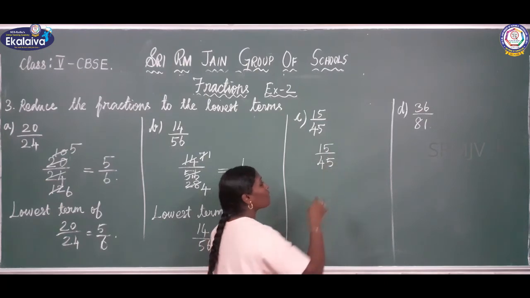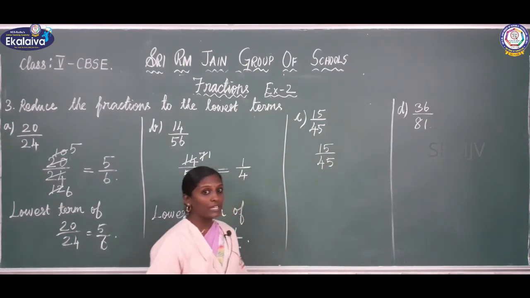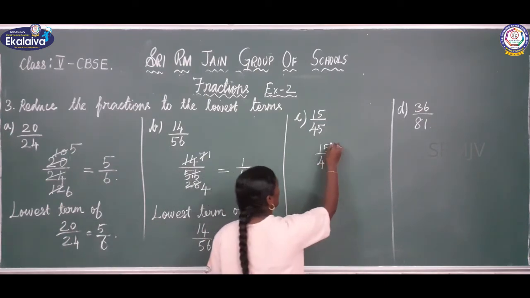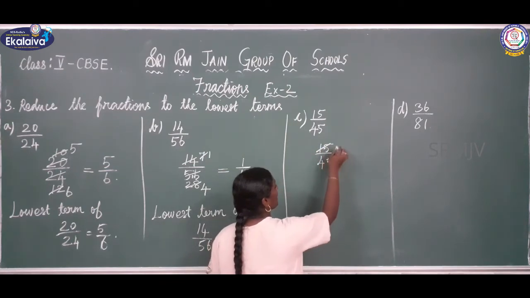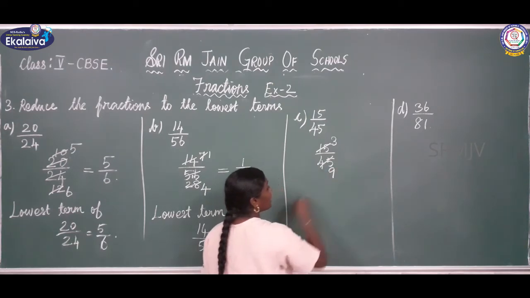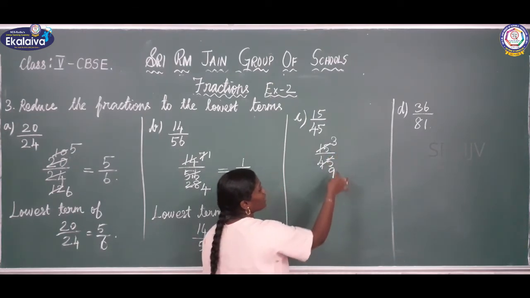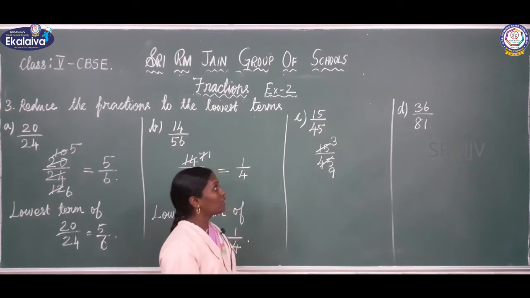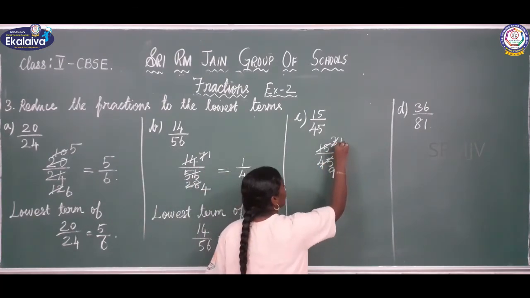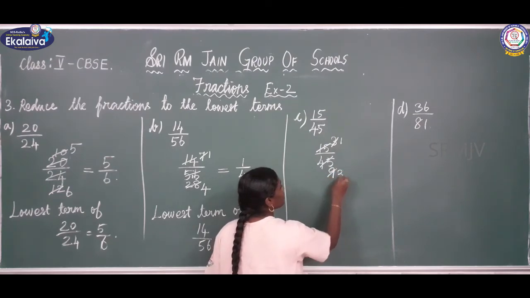Here 15 and 45 are divisible by 5. So I am going to cancel the numbers in 5 table. In 5 table 3 times 15. In 5 table 9 times 45. Now we got 3 by 9. We can reduce it again in 3 table. In 3 table 1 time. In 3 table 3 times.